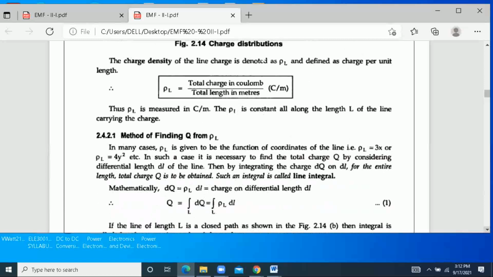So in order to find your F or your E, you first want to find your total charge, which would be your charge per meter times the total length.